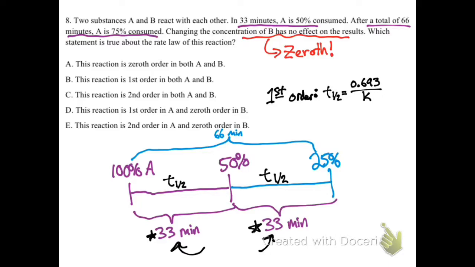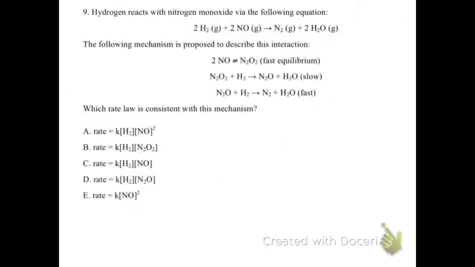So for first order reactions, each subsequent half-life is the same amount of time, and that is unique only to first order reactions. So that means this has to be first order with respect to A. So it's first order with respect to A and 0th order in B is our answer because of those consistent half-lives.